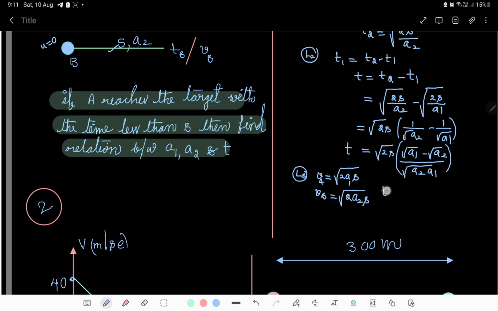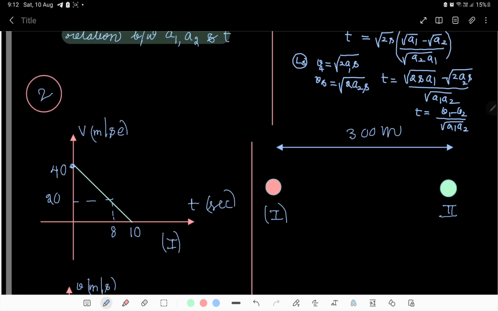Therefore t can be written as v1 minus v2 by under root of a1 a2, right?